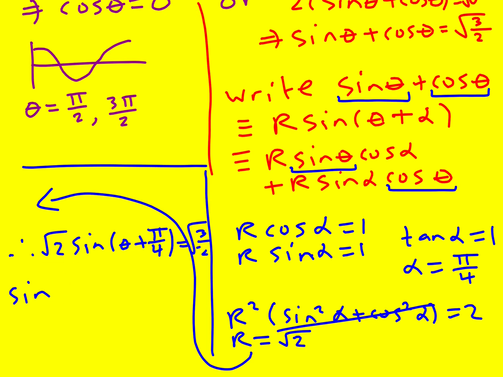And if we divide through by root 2, then we can write this as root 3 over root 2, divide by root 2 again, we're going to get root 3 over 2.